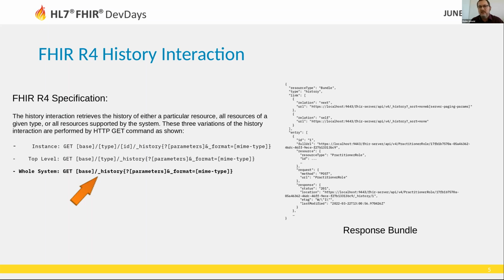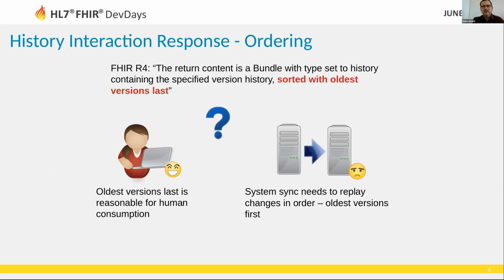So that includes the full URL, some last modified time, and then also at the top there you see the link. Basically, this is related to the pagination. So you're obviously not going to get the entire history of the server all back in one call. So you're going to want to page through multiple times, following those next links.